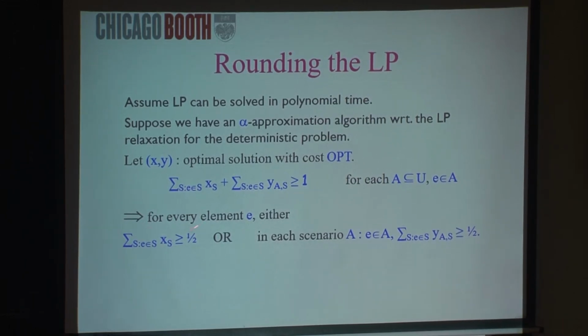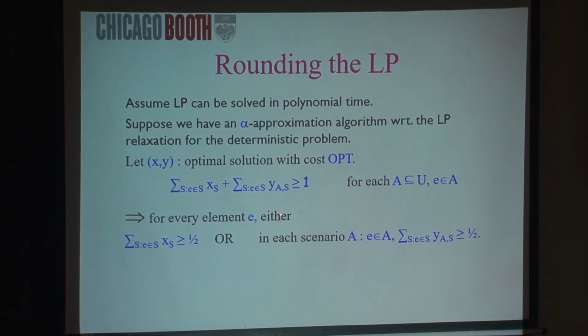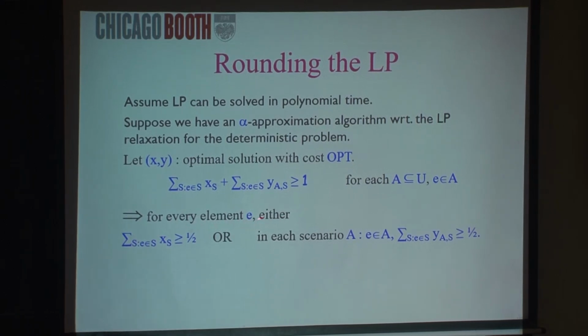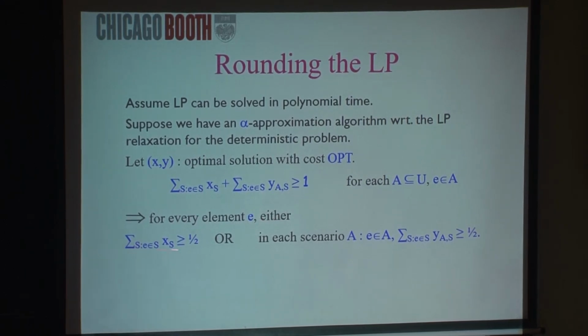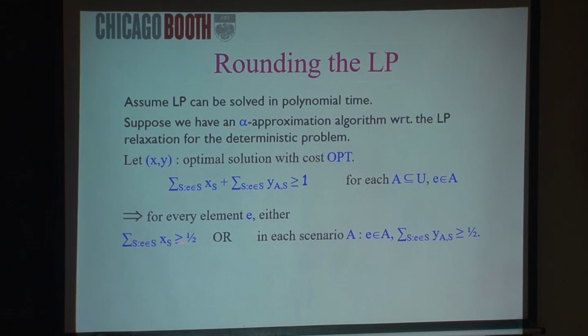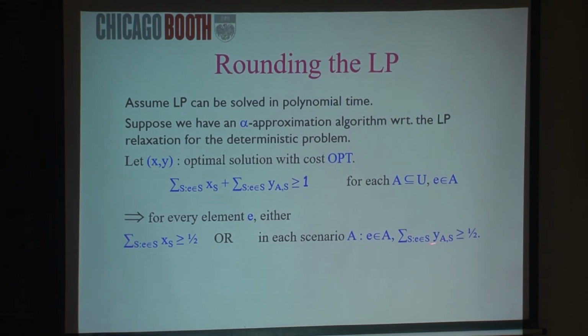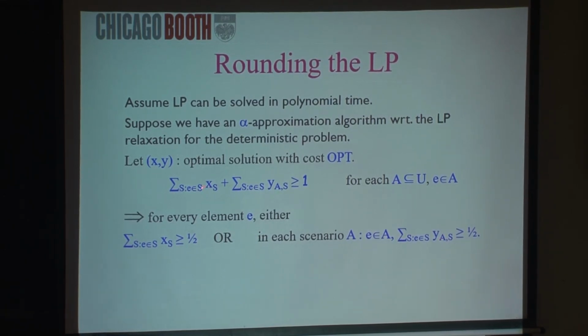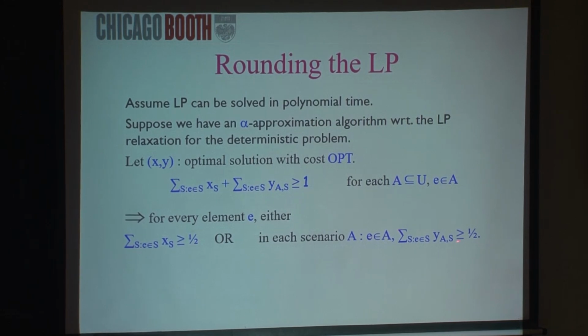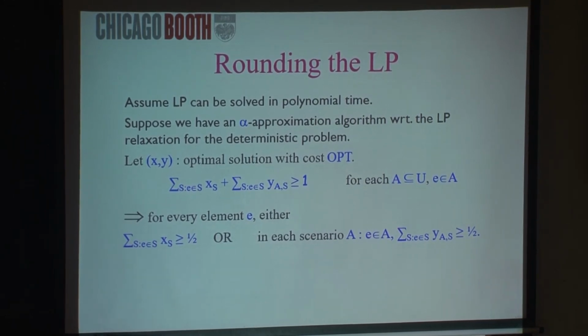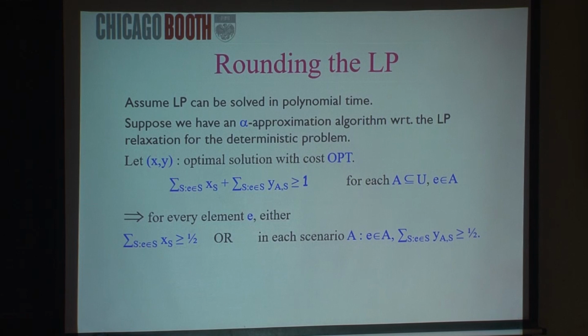For each of these possible realizations, what that says is either this part is greater than or equal to a half, or this part is greater than or equal to half, because the two of them have to sum up to something greater than or equal to 1. So one of these two things has to be greater than or equal to a half.